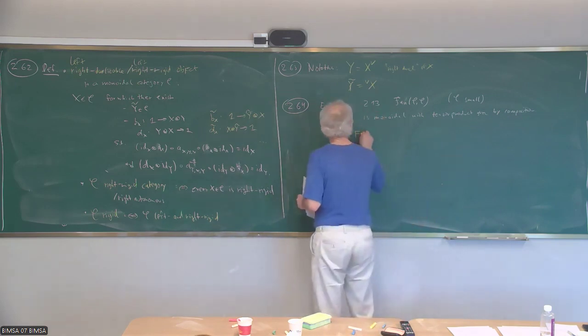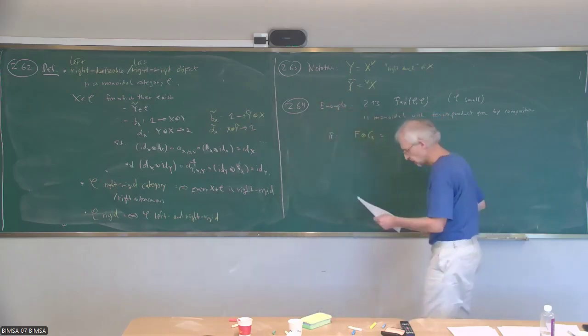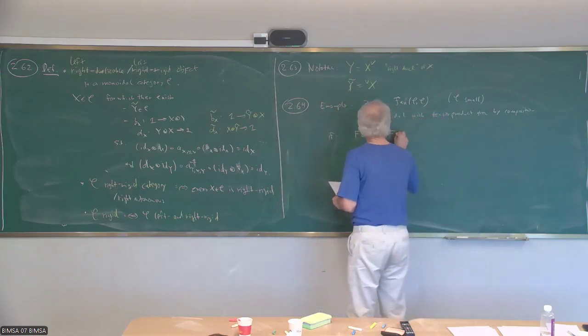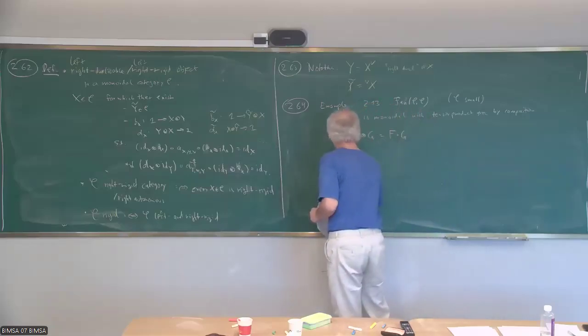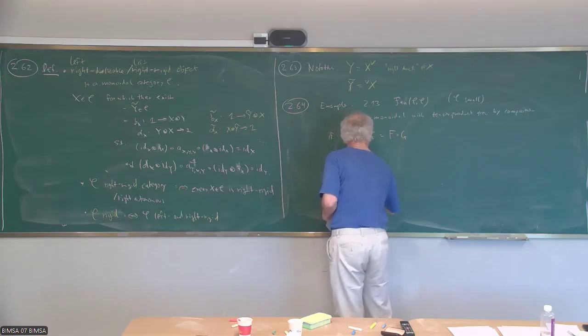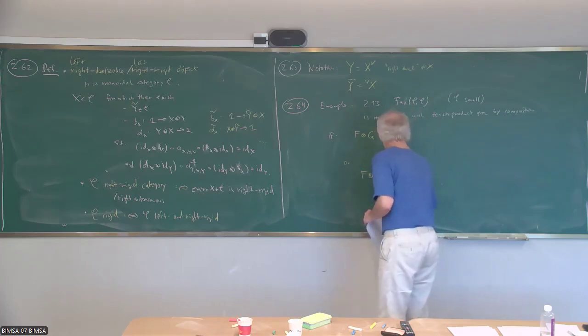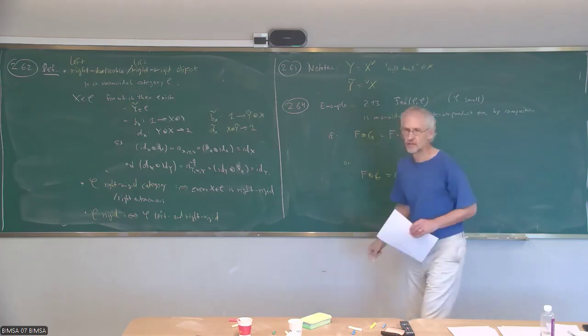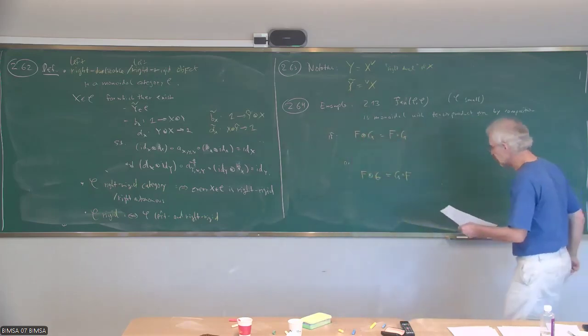We want to define F tensor G for two such functors, and depending on our conventions for composition, we could say this is F composed with G, but we also could say F tensor G is first F and then G, so we could also take this convention. And what I will say now will depend on the convention.